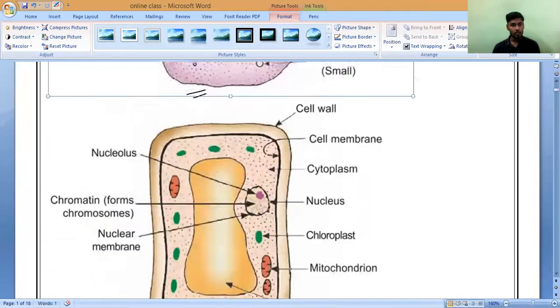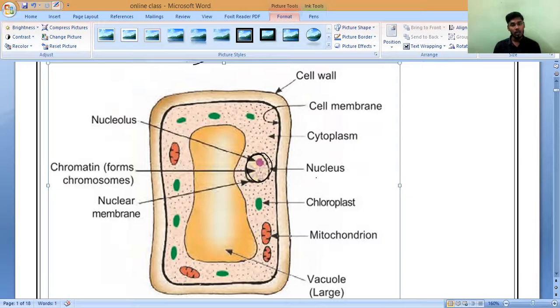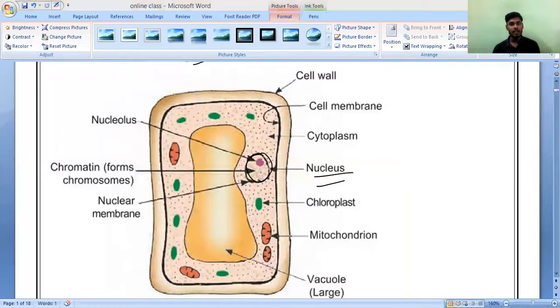Both are present, the plant cell and the animal cell. But in the plant cell, the nucleus is present to one side, near the wall. It is not exactly at the middle, it is located peripherally.